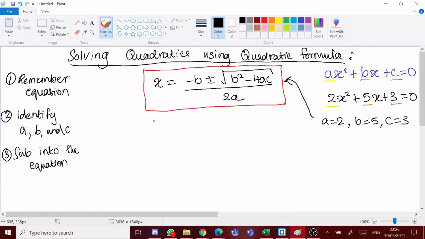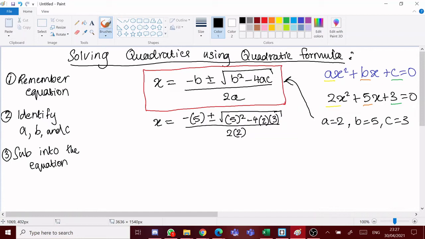For example, write something along the lines of x equal to minus 5 plus minus square root 5 squared minus 4, a which is 2, and c which is 3, all over 2 bracket a which is 2.